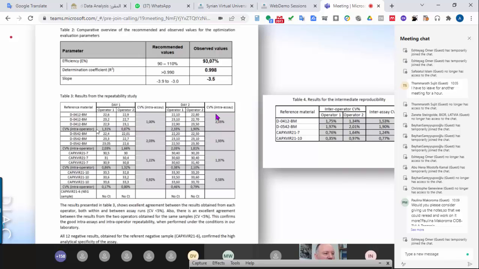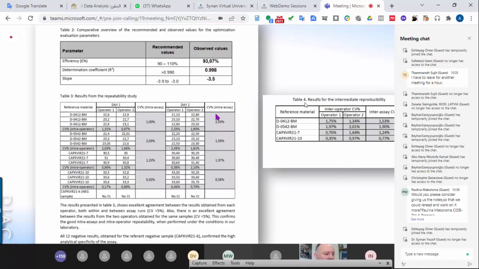You have here the formulas expressing the inter-operator and between operator variability, intra-assay variability, and then in table number 4 you have the results for intermediate reproducibility by assessing the inter-operator coefficient of variation and inter-assay coefficient of variation. Of course, all this put into text.